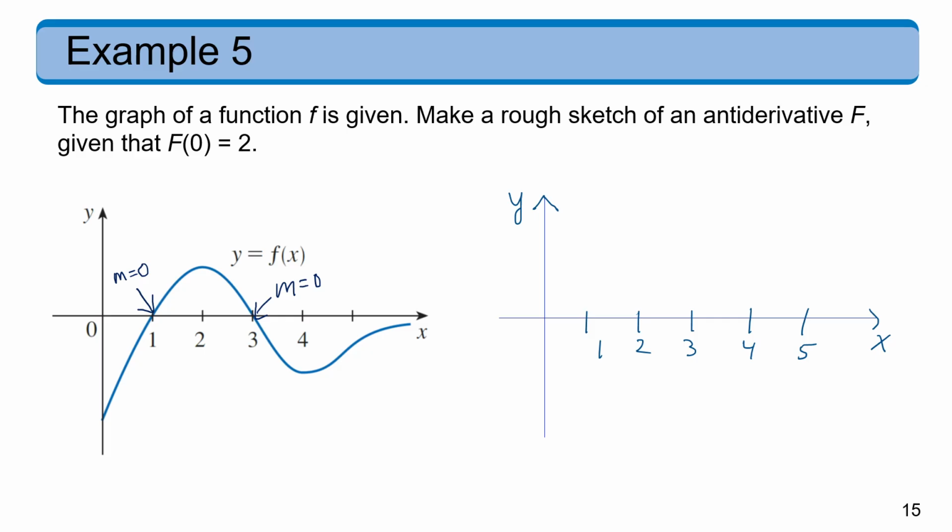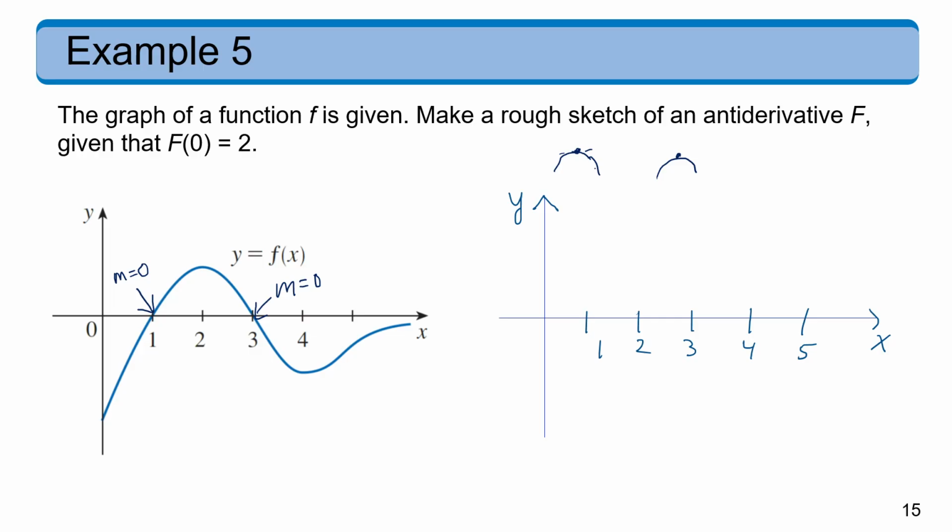So to give us some notes on our actual graph, at x-coordinate 1, I want to sketch something that could be either a max or a min. It's going to have a horizontal tangent. And I put that right over x value 1. And then the same thing at x value 3. We want it to have a horizontal tangent.